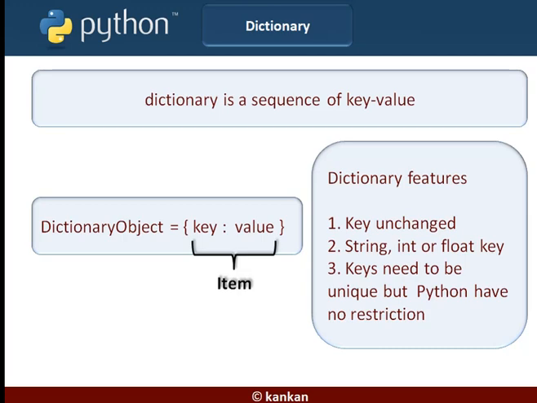Next, a string, integer or float can be used as a key. Any type of value can be used as a key. Any type of value means string, integer or float.